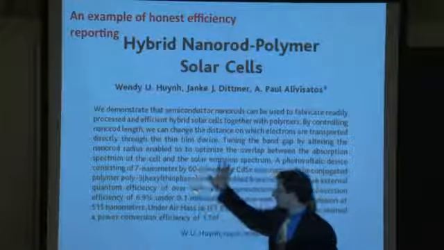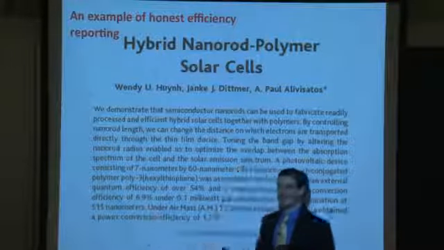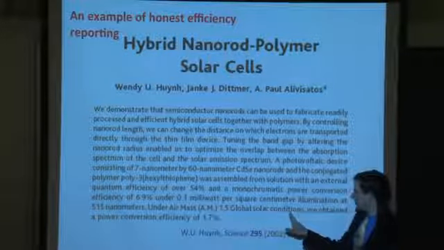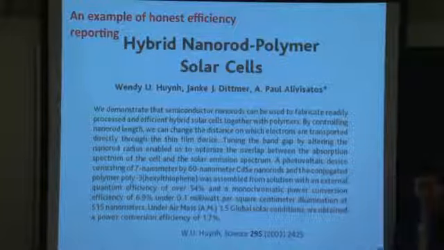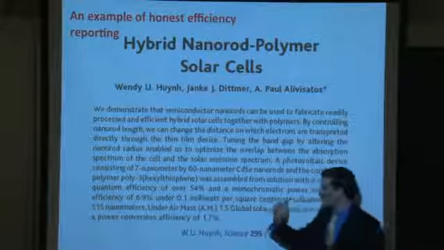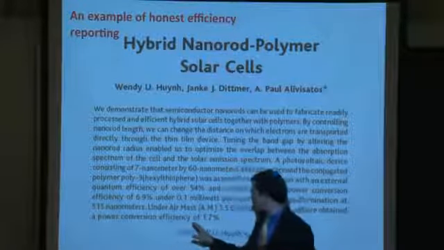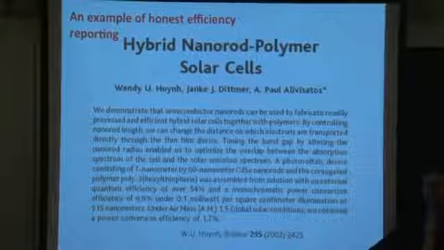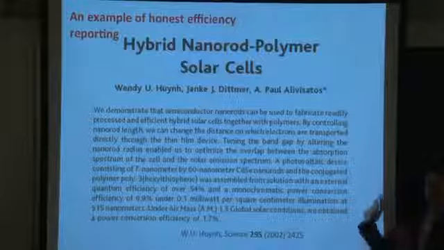Right? So under optimal conditions, monochromatic light, that's what we get. But also under air mass 1.5 global solar conditions, under the standard solar spectrum, we obtained an energy conversion efficiency, or a power conversion efficiency, of 1.7%. So both values are put out on the table, and they say, look, here's a characterization of our device.